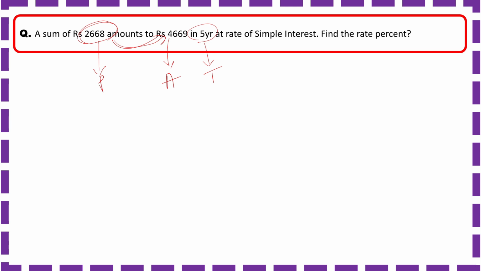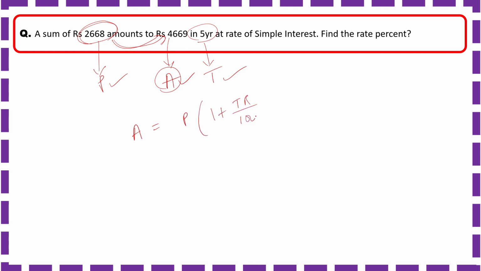We need to find the rate percent. We know the principal, the amount, and the time period. In simple interest, we have two formulae: first one is PNR by 100 and the second one is the amount. Whenever we know the amount, or want to calculate it, use A is equal to P into (1 plus TR by 100), right?